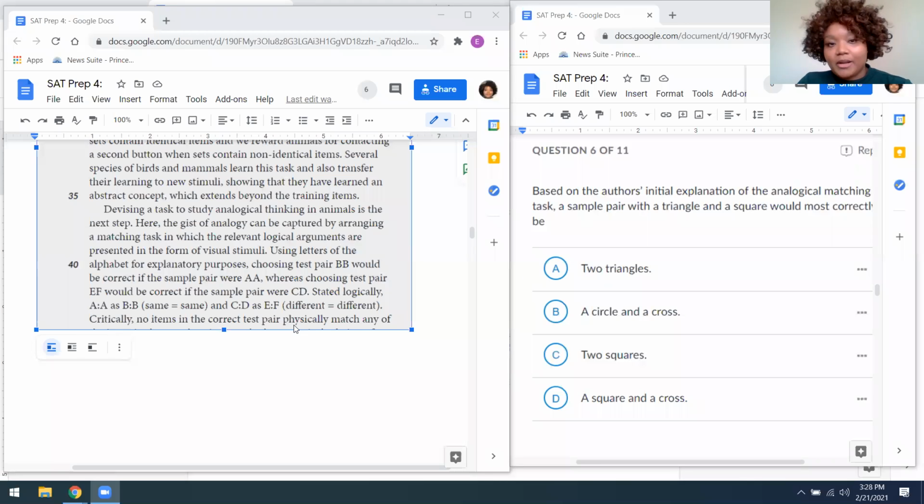In the second pairing, you can't have something from the previous pairing. So since answer choice D has a square in it, a square is part of the previous pairing.